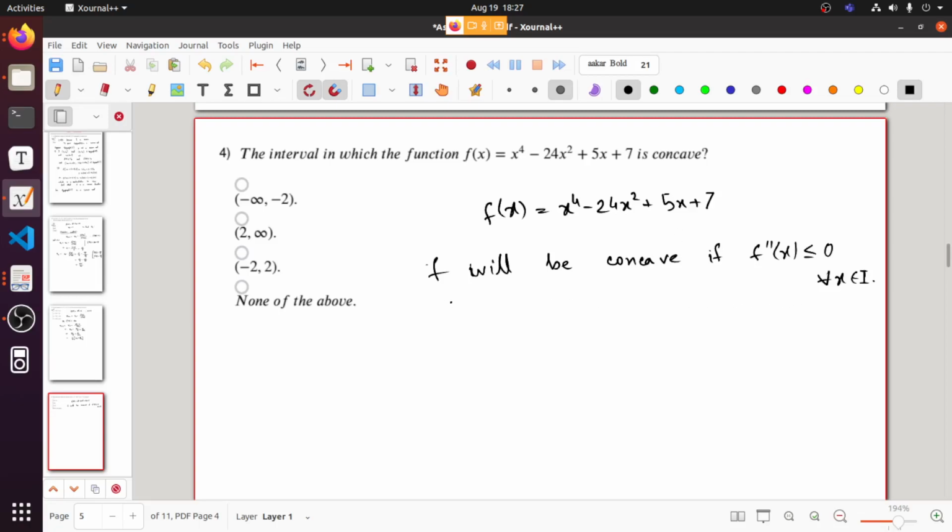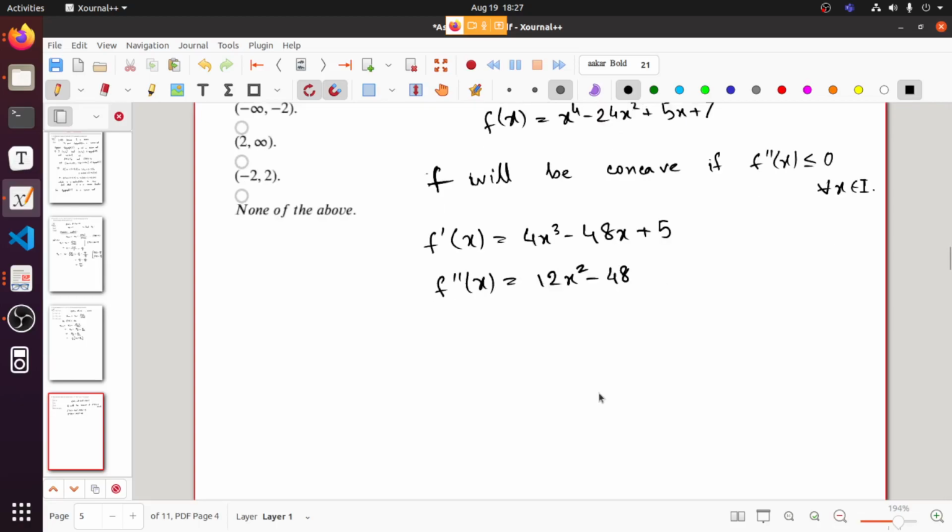So just compute the double derivative of f. What will be f dash x? It will be 4x cube minus 48x plus 5. Now find f double dash x. It will be 12x square minus 48, sorry. So you have to check in which interval this is less than or equal to 0.